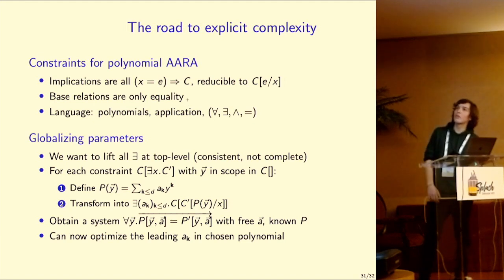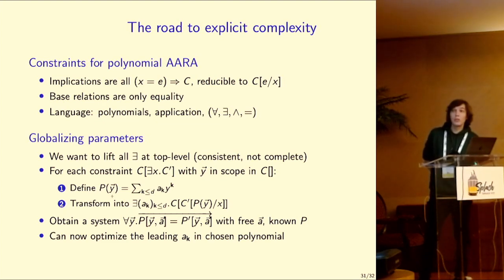And we can solve that using a heuristic which was previously implemented for ARA, which is that we skolemize every variable bound by an existential quantifier. So we take our X, existentially quantified in some scope in which some variables Y are in scope.